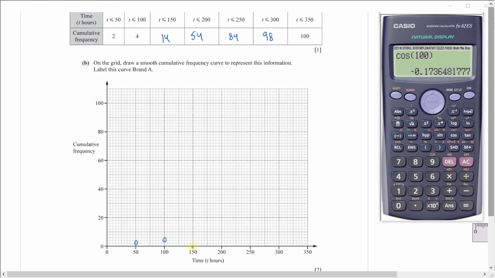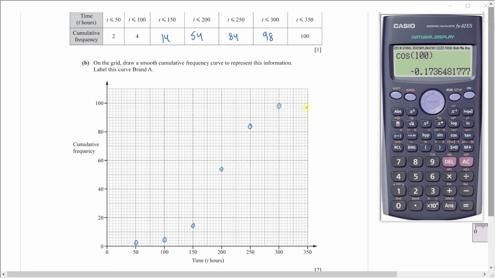Less than or equal to 150, you have 14. So this is 10, 12, 14. Less than or equal to 200, you have 54. 54 will be here. Less than or equal to 250 is 84. So 80, 82, 84. And then less than or equal to 300, you have 98, which will be this one.